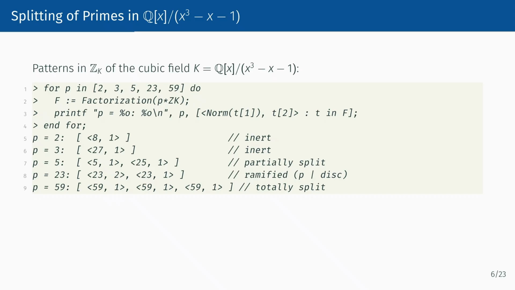And indeed, we see that one of the prime factors appears with a power greater than 1, like a square. And p equals 59 is here to demonstrate a different behavior where the prime is totally split. So there are 3 prime ideals in this factorization.